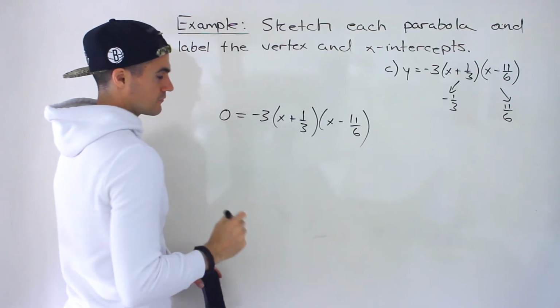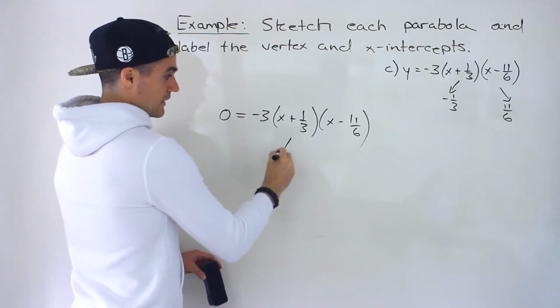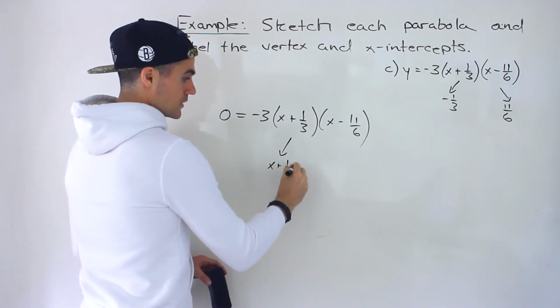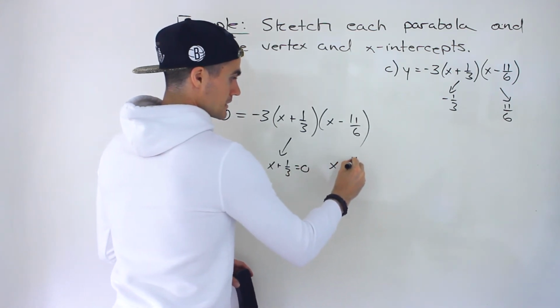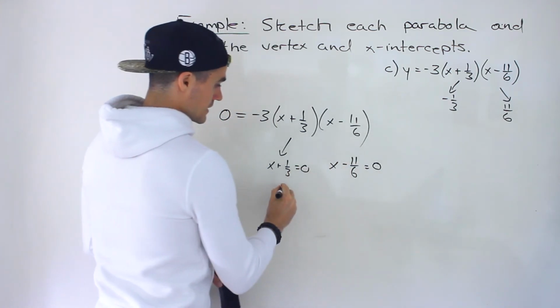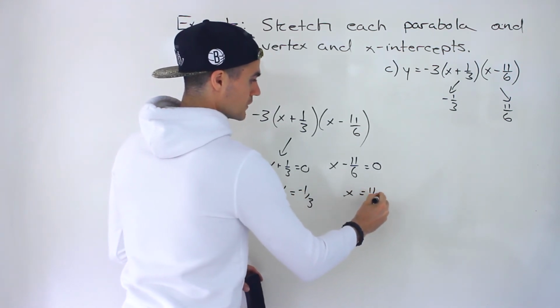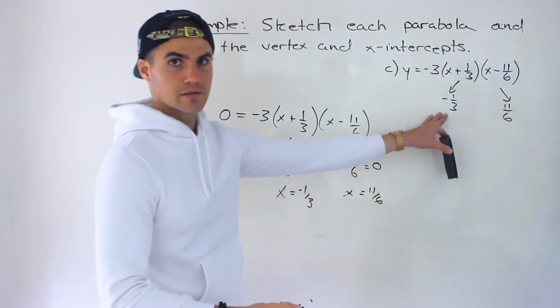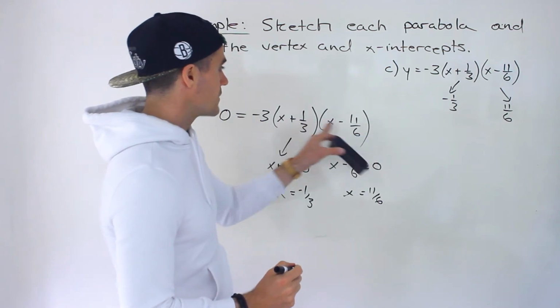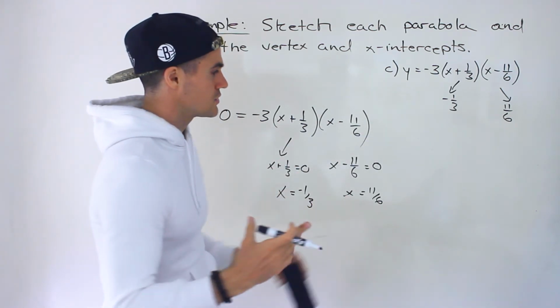And then we have to find out when does x plus 1 over 3 equal 0, when does x minus 11 over 6 equal 0? Well, that's going to happen when x is negative 1 over 3 and when x is 11 over 6.